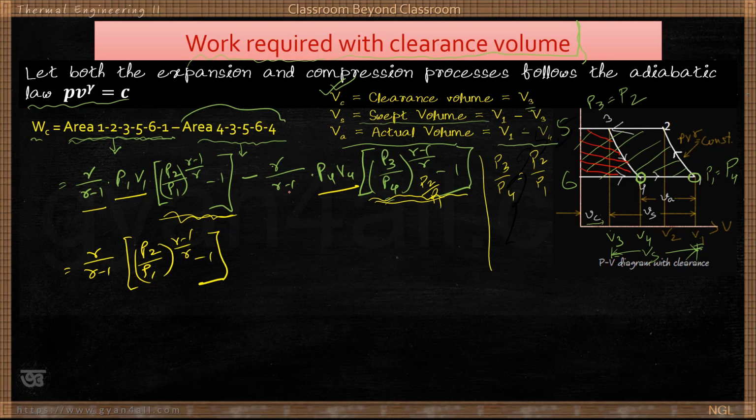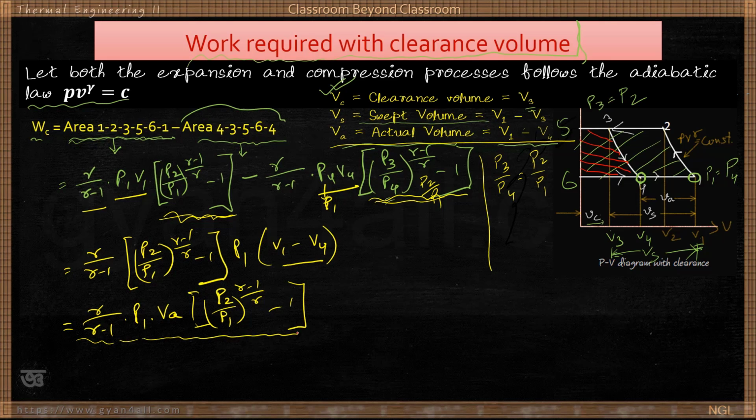Now we can see P1 equal to P4, so we can also take P1 common. So only V1 minus V4 is left. We call it the actual volume VA.